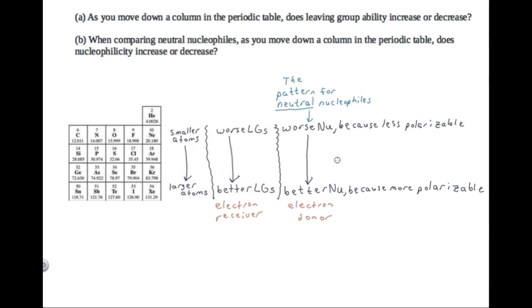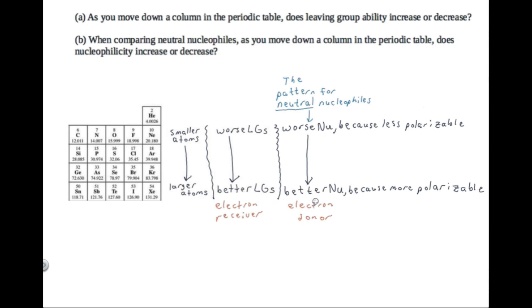Now, remember that you need to memorize this trend because it's not probably what we would have predicted. You probably would not have predicted that the nucleophile trend would be the same as the trend for leaving groups. After all, in a sense, a leaving group is the opposite of a nucleophile because a leaving group receives electrons, whereas a nucleophile donates electrons.